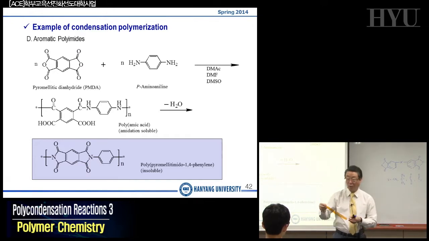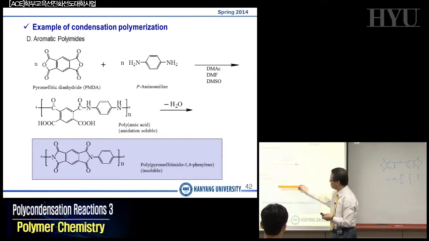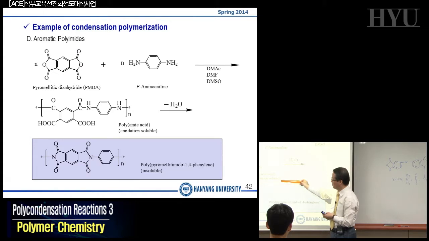This is the polyimide film. And the color is a little dark brown.